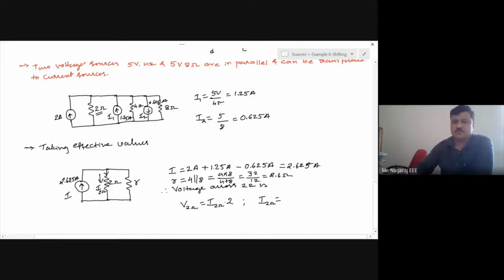So I2 ohms is equal to the main current I, that is 2.625, into the opposite branch resistance, that is 2.6 ohms, divided by total resistance 2.6 plus 2.